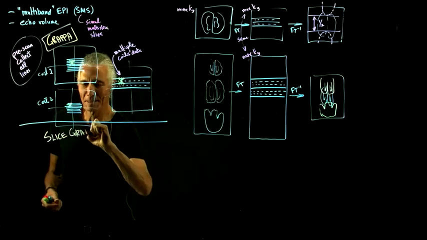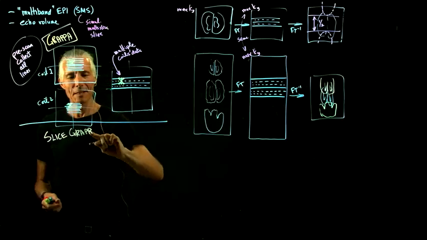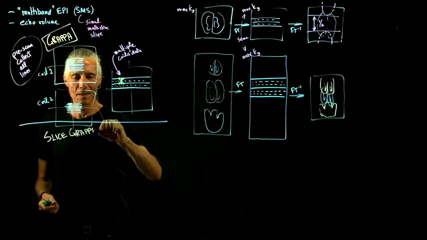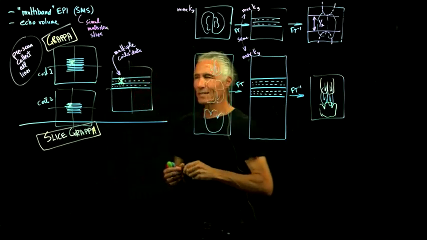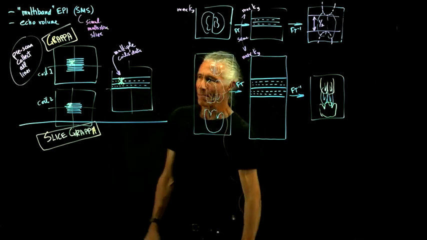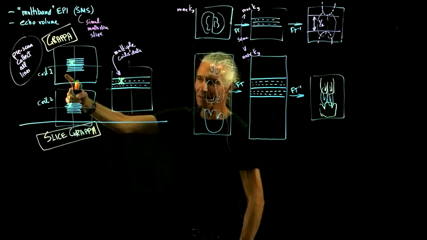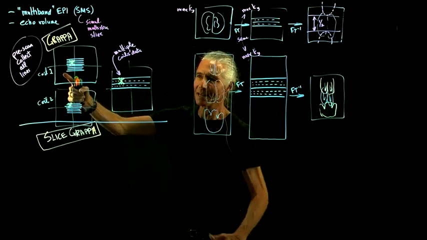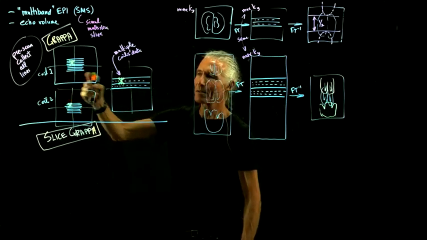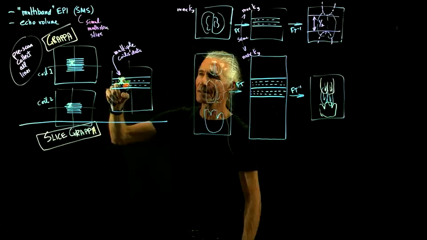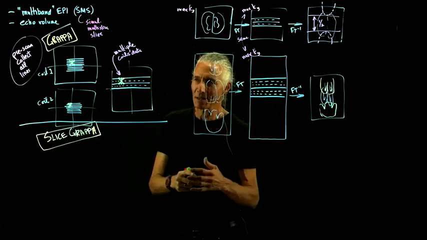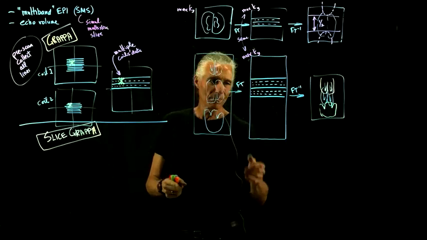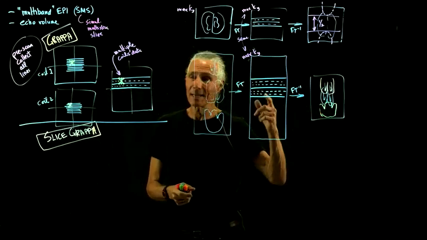Slice grappa is kind of like original grappa, except that we're going to have to collect some full data somehow, in order to be able to generate this little fixer that fills in the missing data. But we've already collected all the lines of k-space for our overlapping image. We didn't actually leave it out.